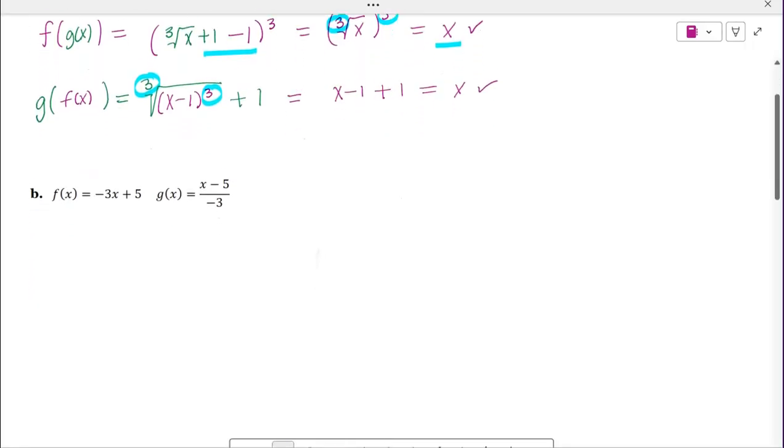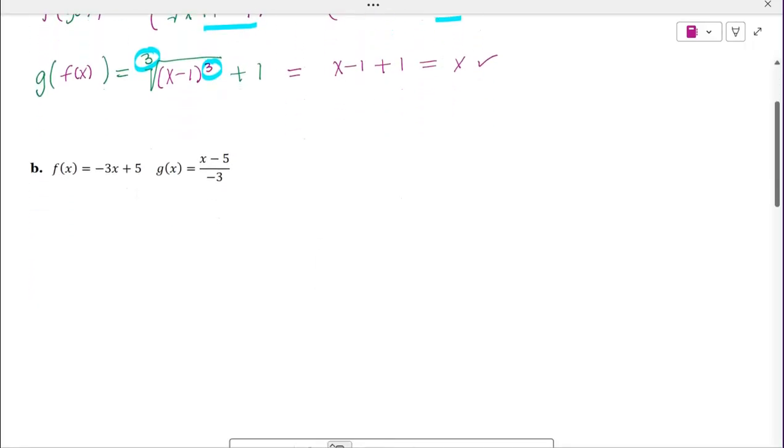Let's look at a different example. Let's consider f of g of x. So I'll take this whole function and plug it in the place of x here.